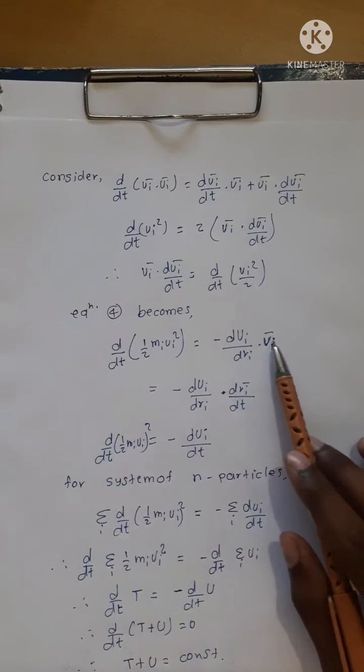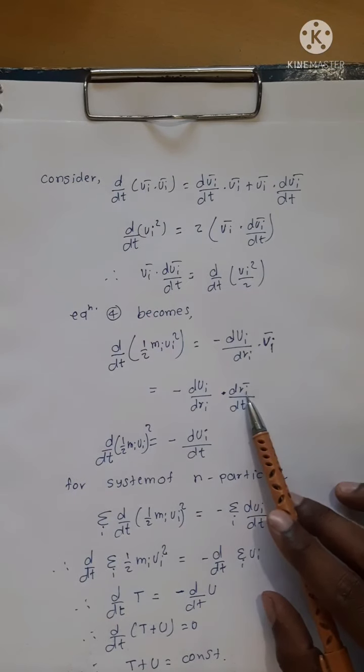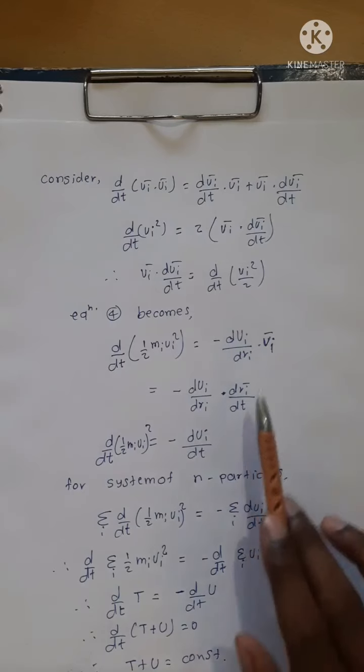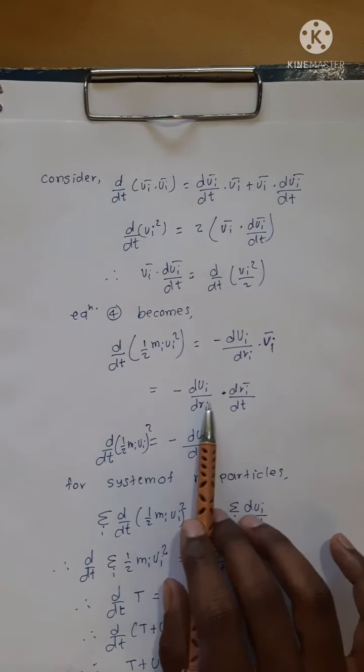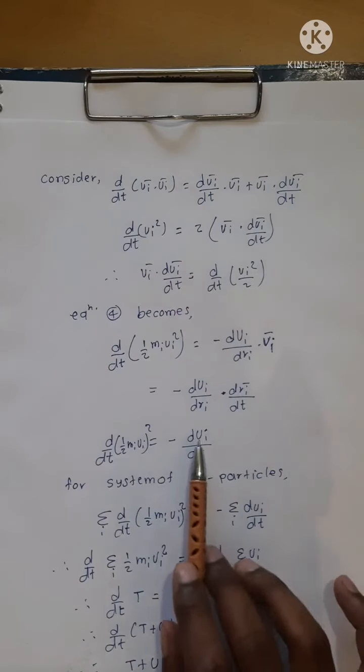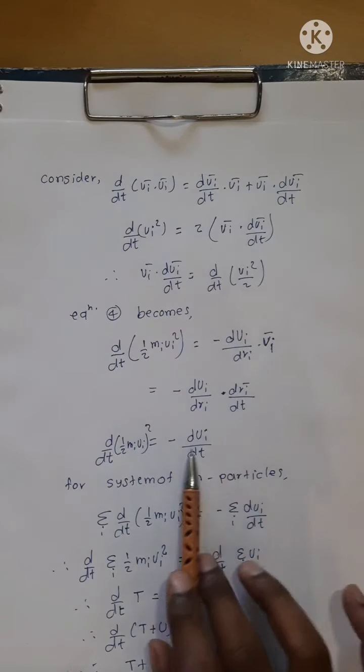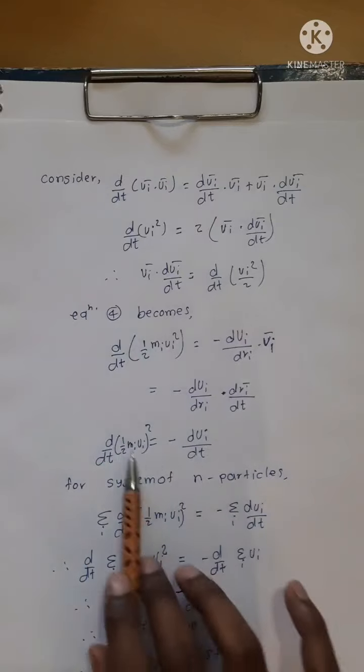We know what vi bar is. It is the rate of change of displacement with respect to time. So we just put the value of vi here, and because this dri gets cancelled, we get minus dUi by dt. So equation 4 becomes like this.